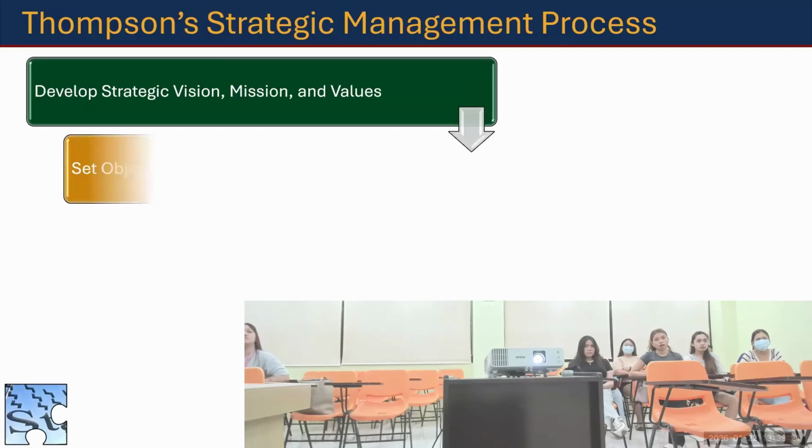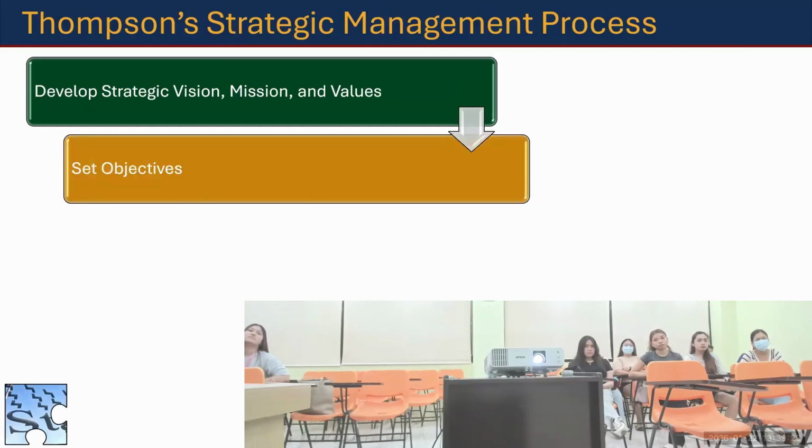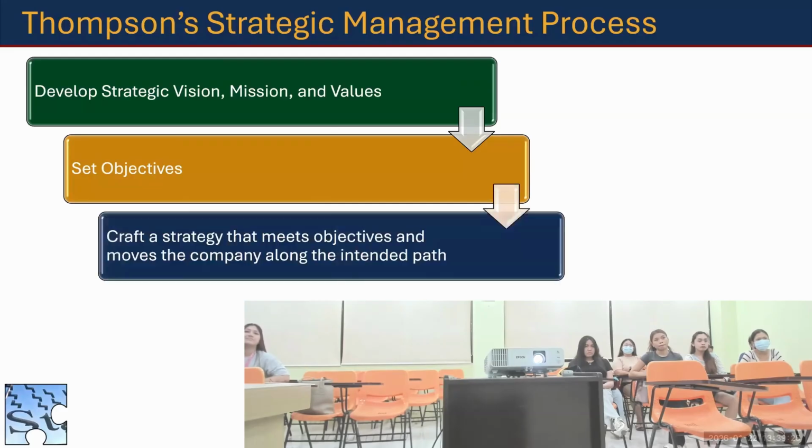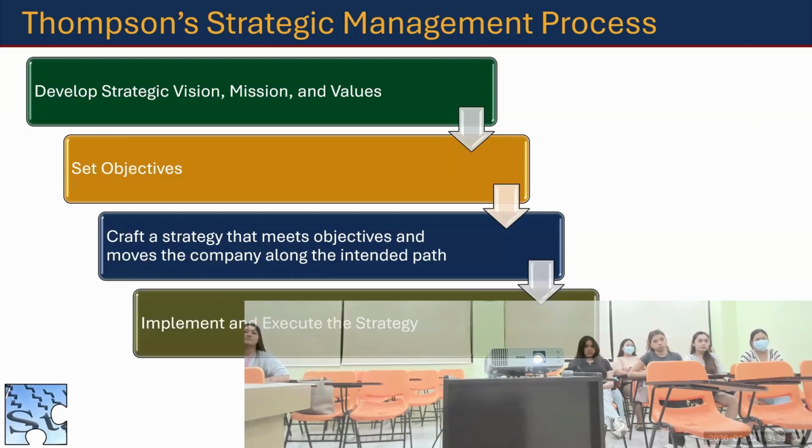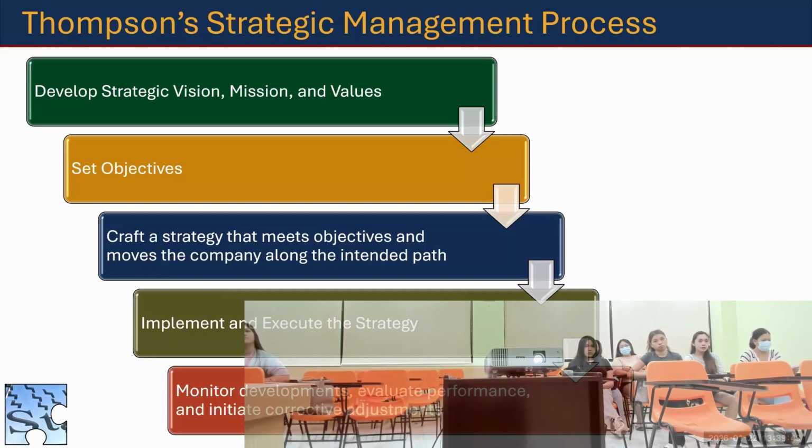Part 2 is based on those, we set specific objectives, and then we formulate strategies that must meet these objectives, and at the same time, move the company towards achieving its vision. Once a strategy has been chosen, we need to then implement and execute, and then monitor developments as managers in order to evaluate performance and initiate any corrections if needed.